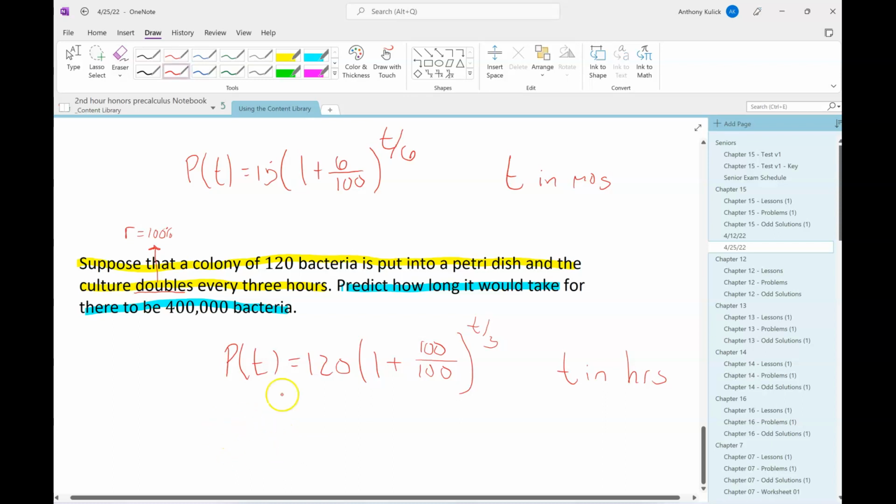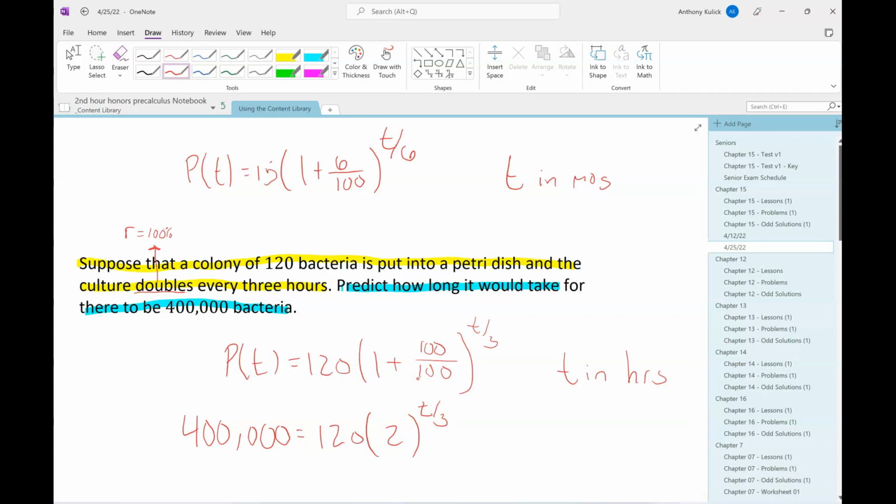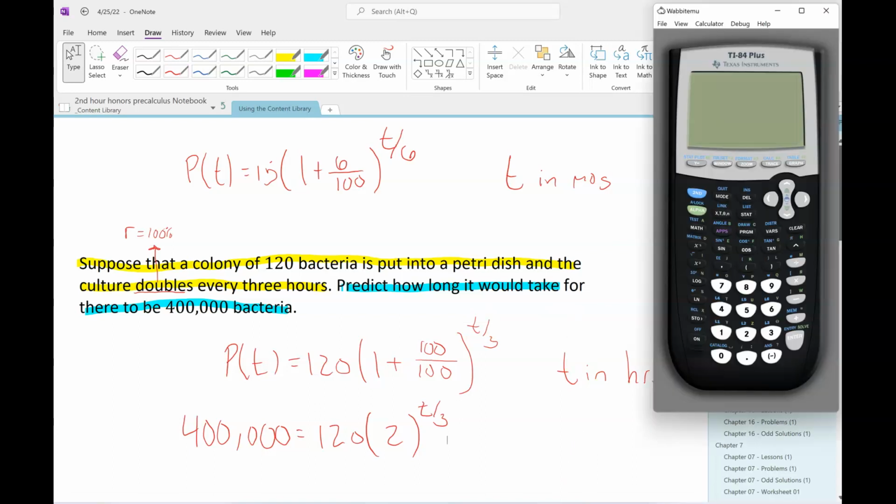So then we want to predict how long it'll be to get 400,000 bacteria. Notice that 1 plus 100 over 100 is 2. So there's our doubling. Really obvious that we've done that correctly now, right? And it's calculator time from here.